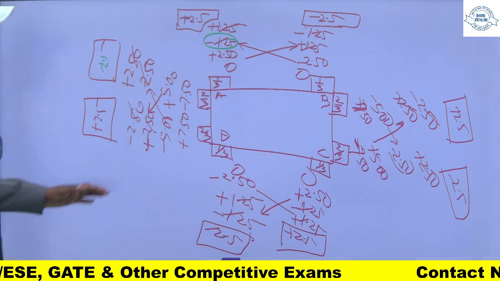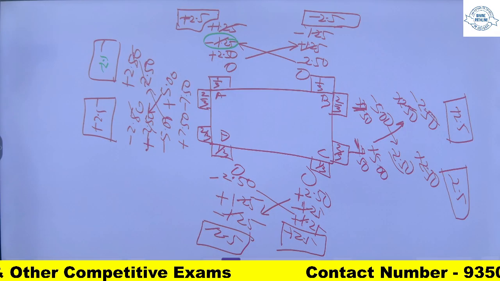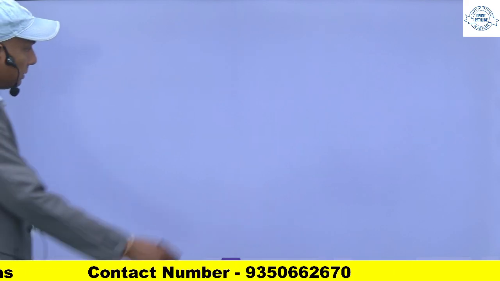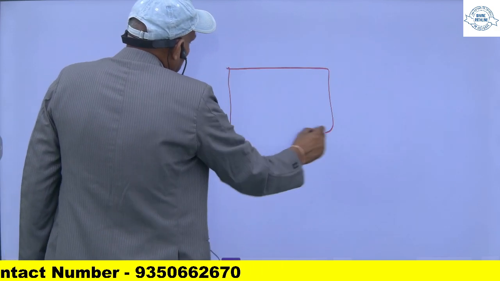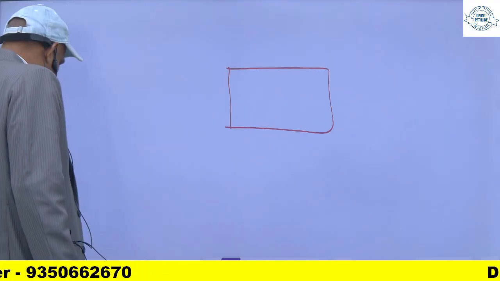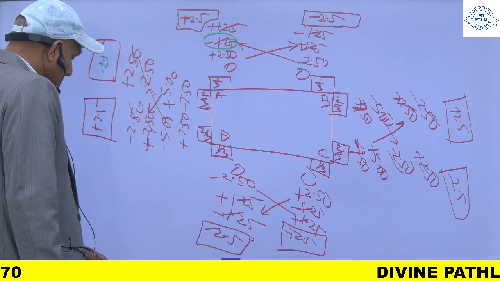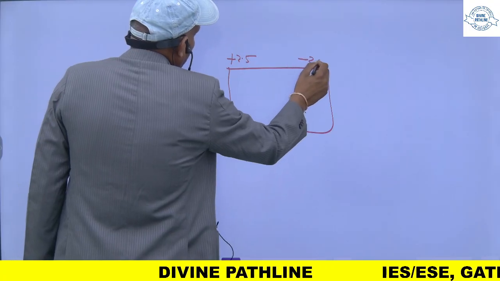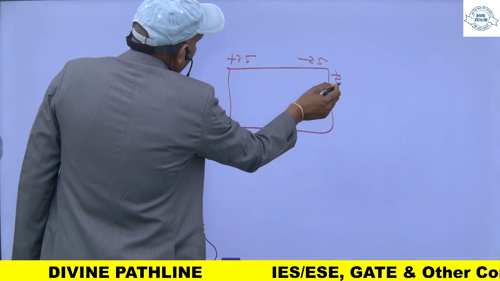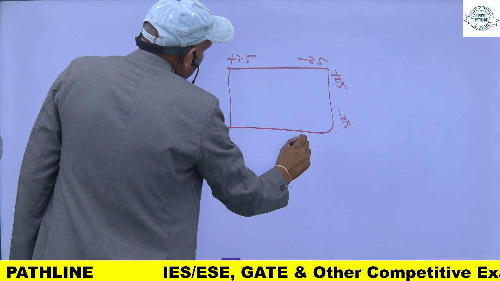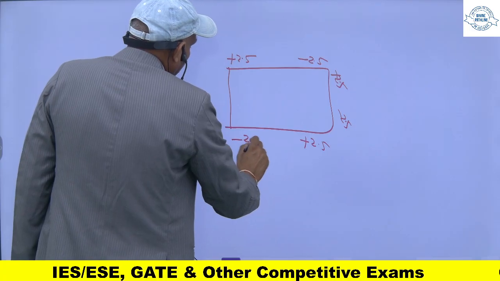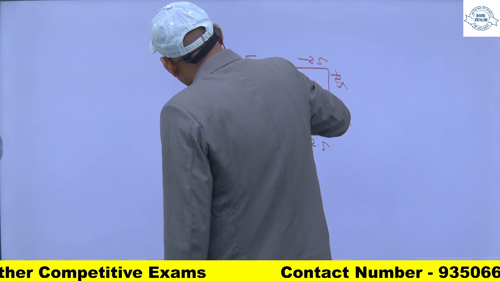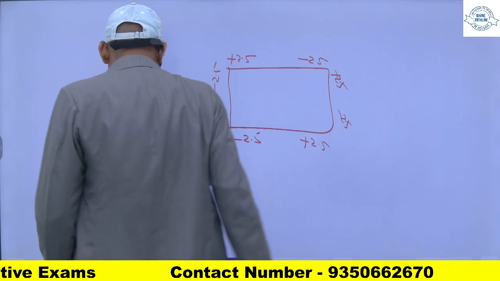So we will get these values. This is my box. So this is plus 2.5, minus 2.5, plus 2.5, minus 2.5, plus 2.5, minus 2.5 and this is minus 2.5, plus 2.5. So these are my moments.